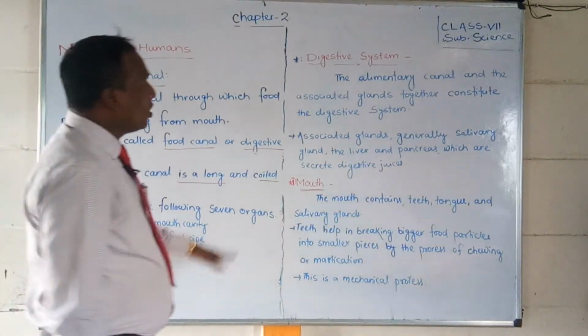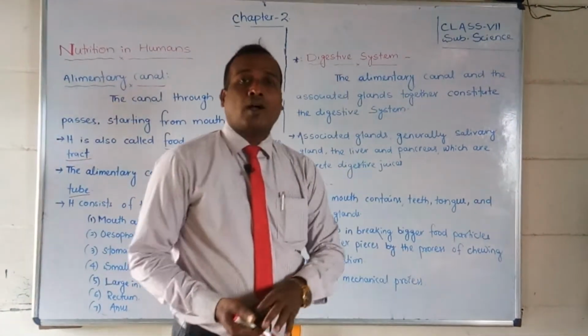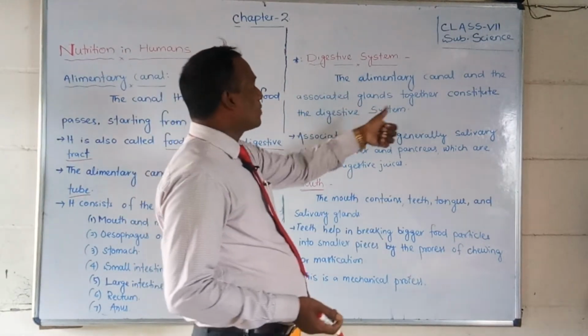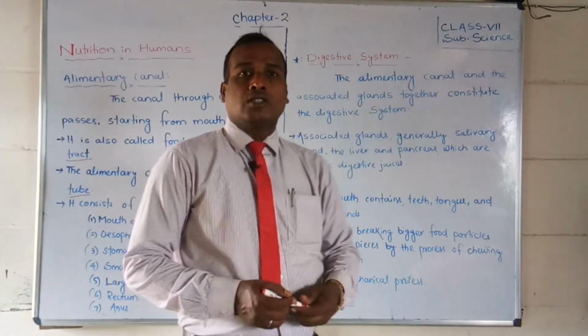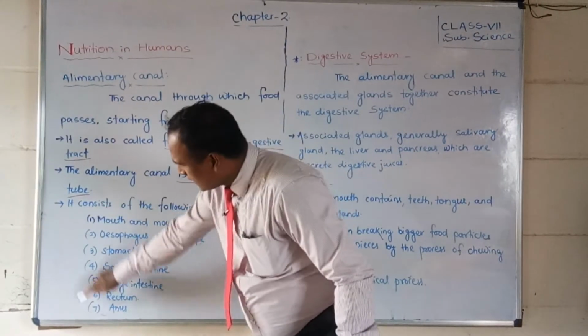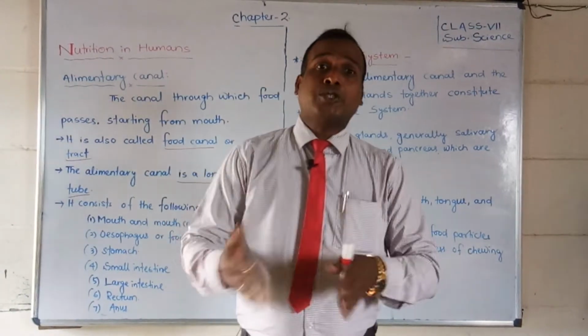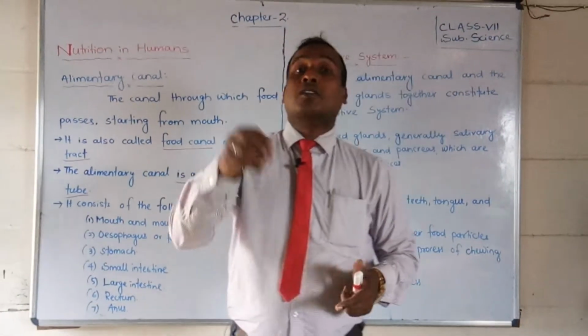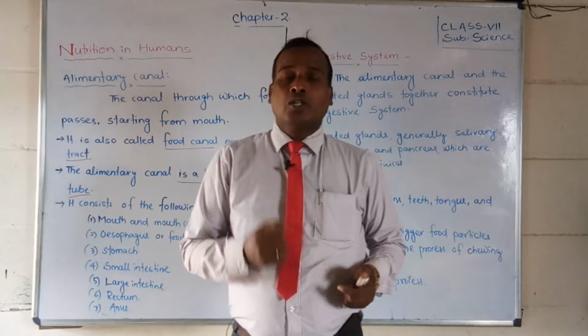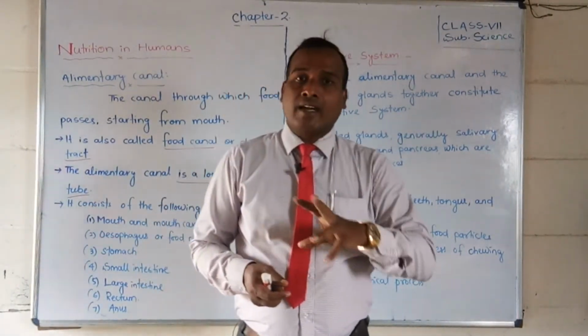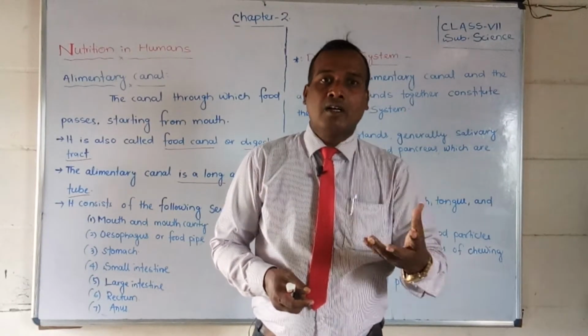Okay, students. Next we will discuss what the digestive system is. The alimentary canal and the associated glands together make up the digestive system. The alimentary canal means the 7 organs, and with that, several associated glands are connected for the digestion of food. What are they? Suppose we say our salivary glands, which secrete saliva in the mouth.